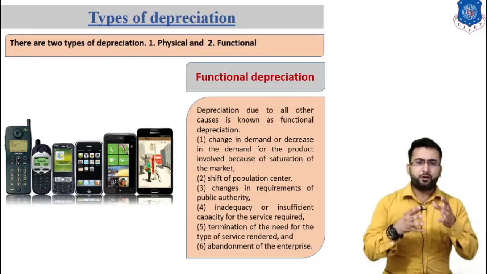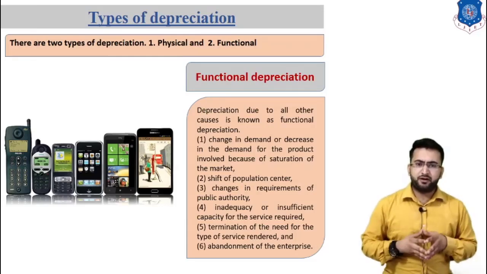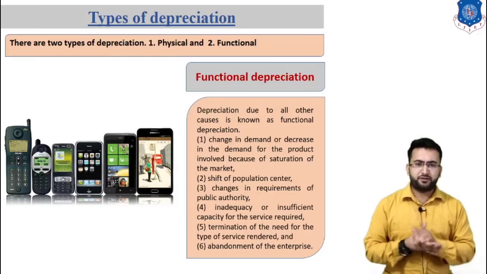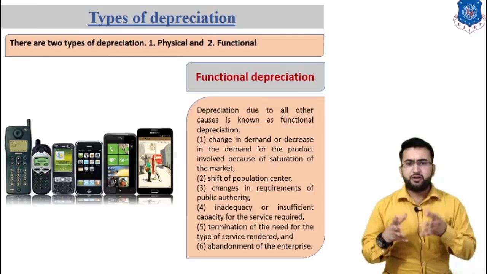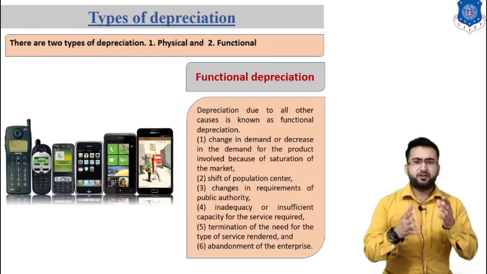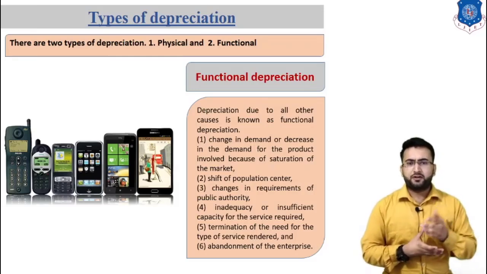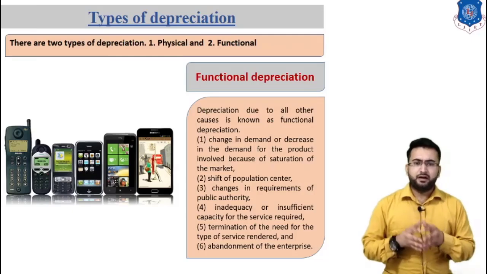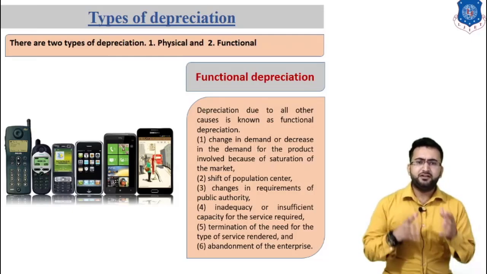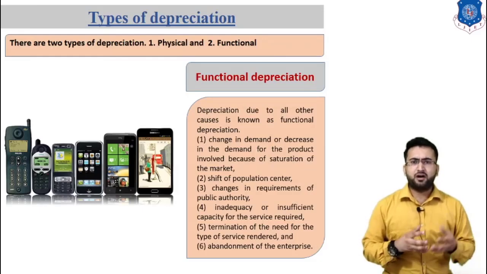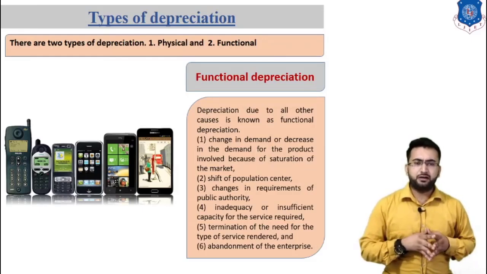A change in product price due to a change in requirement of public authority is also one reason. Inadequate or insufficient capacity for the service required is also one reason. Termination of the need for the type of service rendered is also one reason for functional depreciation. So these are all reasons for functional depreciation.